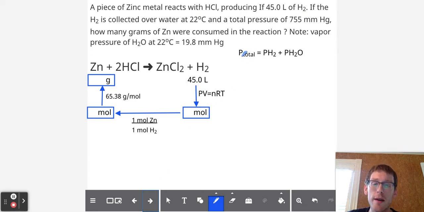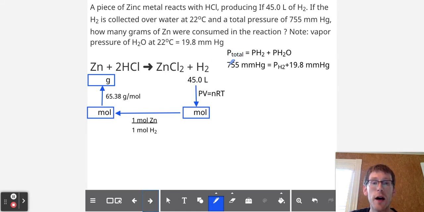So we can say that the total pressure, this is where Dalton's law comes in, is equal to the pressure that the hydrogen gas exerts plus the pressure that the water exerts. That's important because we only care about the hydrogen gas. So from here, we can get to 755 millimeters of mercury.